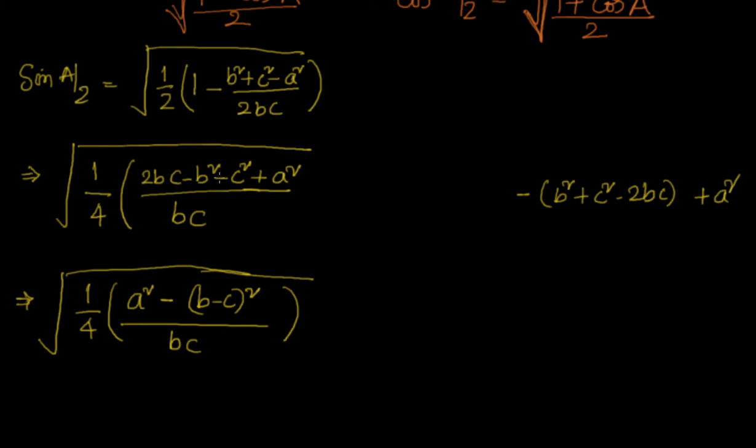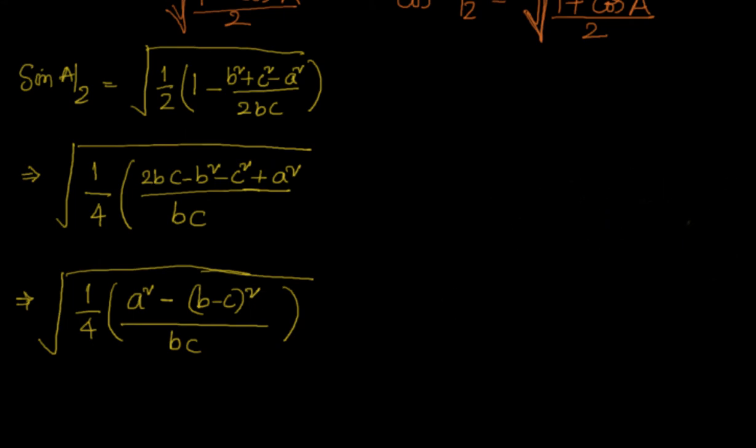Is this the same step? Right? And this is nothing but minus of B minus C whole square plus A square. That's nothing but A square minus of B minus C whole square. So I can write it like that. Because you see here B square is positive, C square is positive, and this is negative, nothing but B minus C whole square if I take minus outside. Okay? Right. So I'll just erase this part.